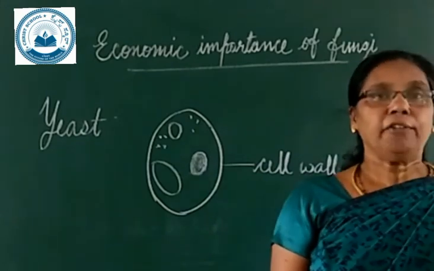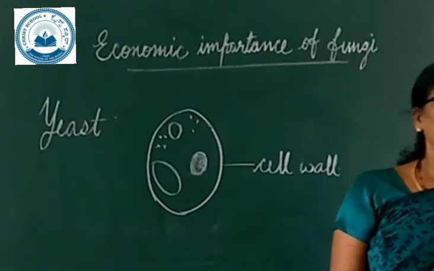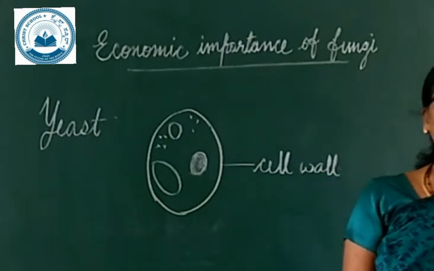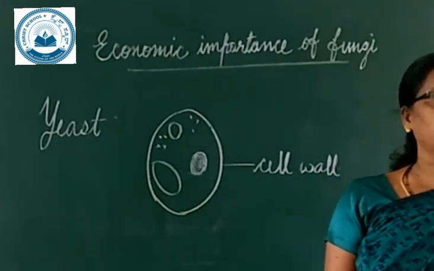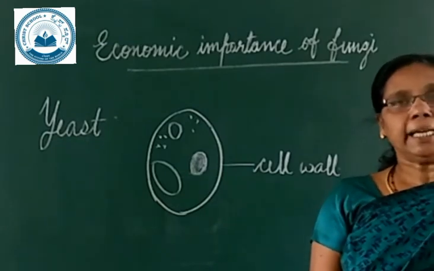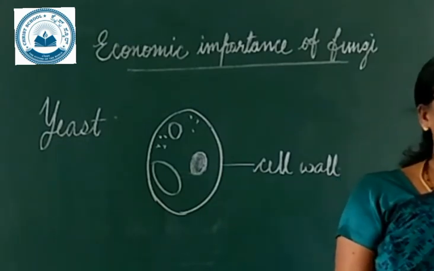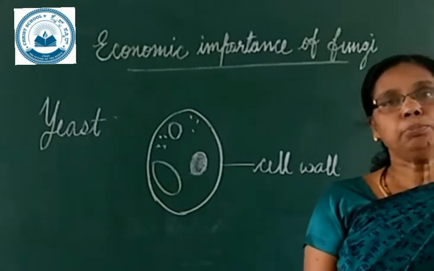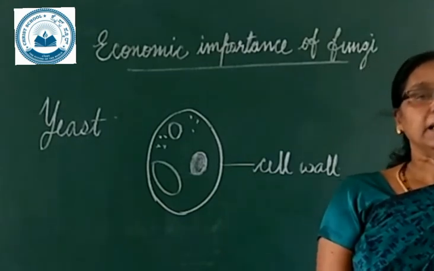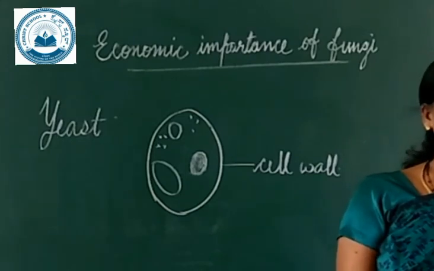That's the structure of yeast, and let us see how it takes its nutrition. In a simple way, you can see that the sugar present in cane sugar is broken down into simple sugar, and it will be absorbed into the body. So that is a simple way of nutrition.